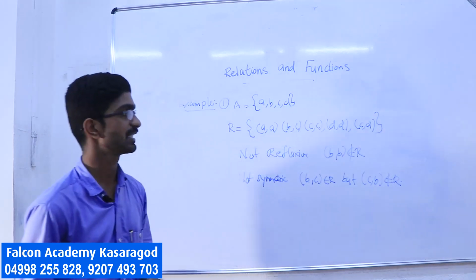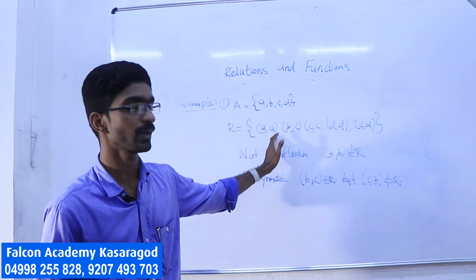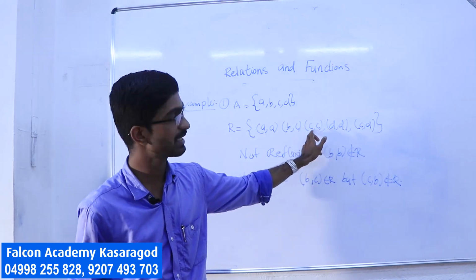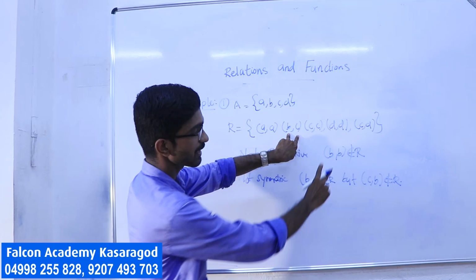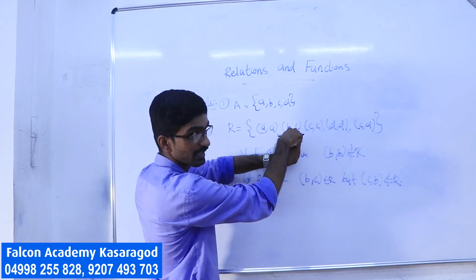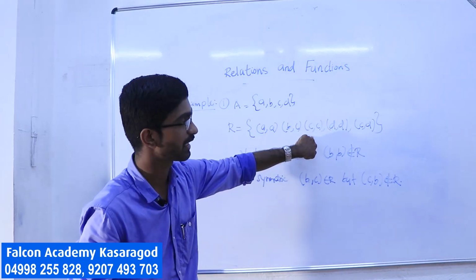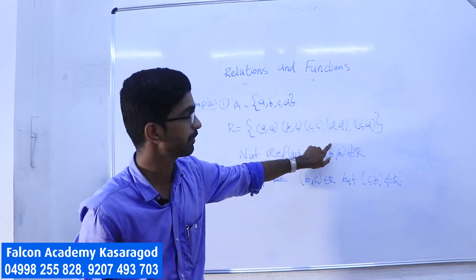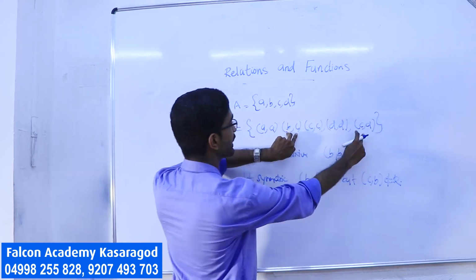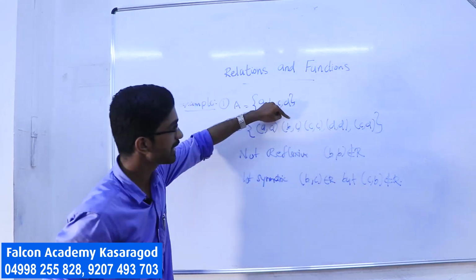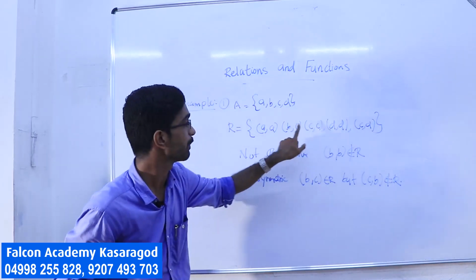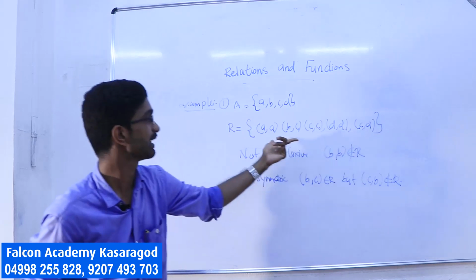Now check the transitivity. aa is there, okay, bc is there, then cc, bc and cc. So consider these two. Then it must contain bc. The element bc is there, so transitivity will work here. Then cc, dd is okay. Also bc and cd. This is very important. bc belongs to R, cd belongs to R, but bd is not there.